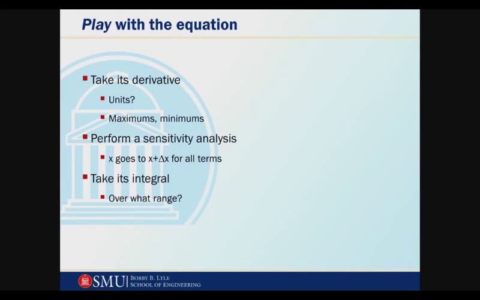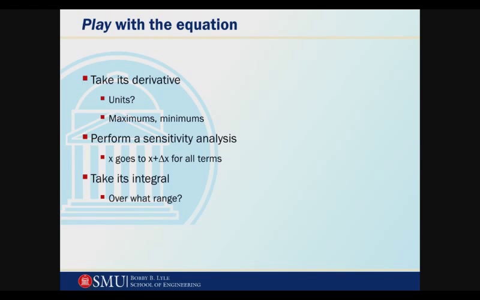There's another way to play with the equation, and that is to perform a sensitivity analysis. This used to be called an error analysis and was required of almost every laboratory. So you would look at, for example, a component of the equation, x, and x might be a nice healthy number. Let's say it has a magnitude of 1 or 17.